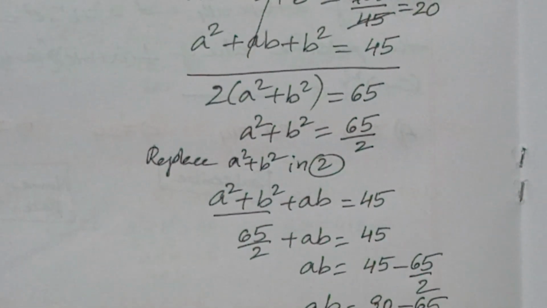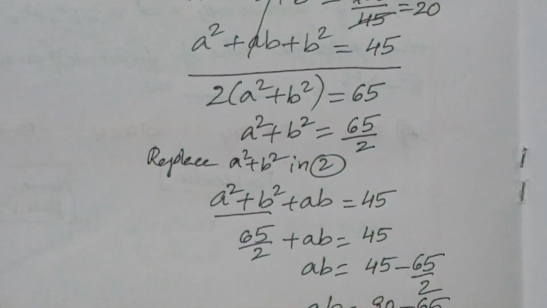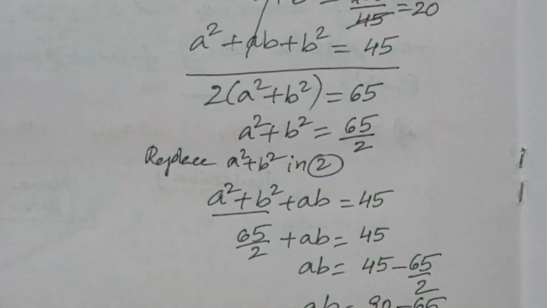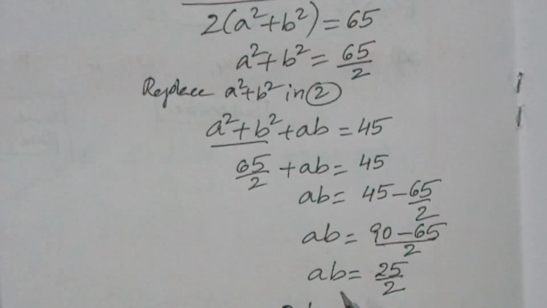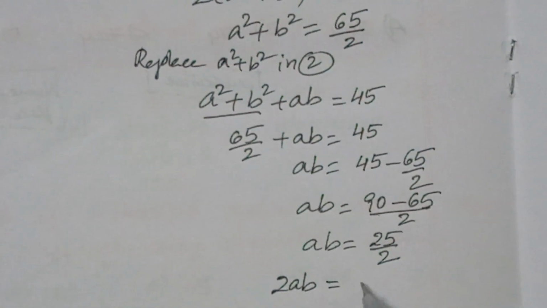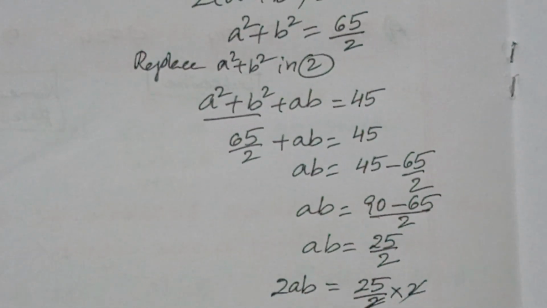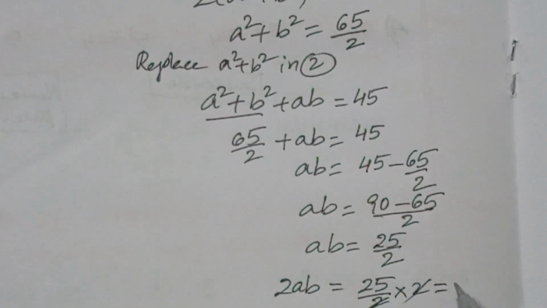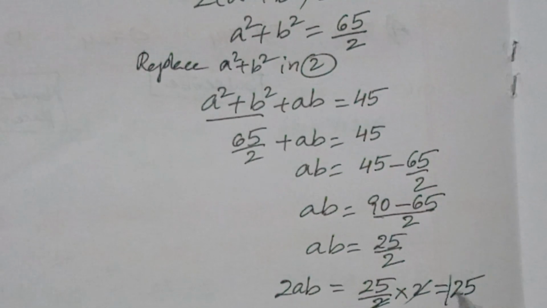So ab is equal to 25 by 2. He is asking 2ab. 2ab is equal to 25 by 2 into 2. So you will get the answer is 25.